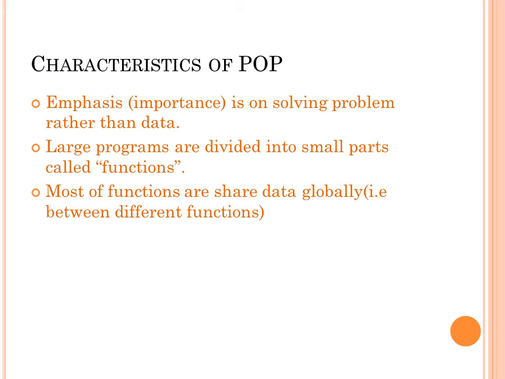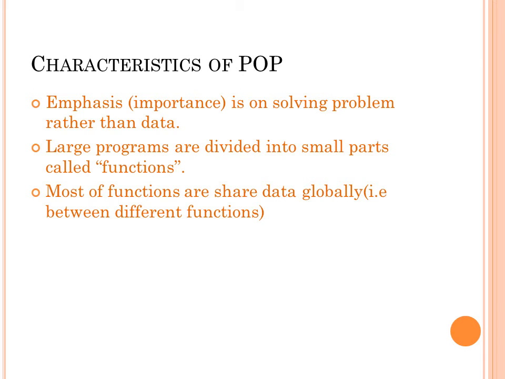Third, most important, the data is shared globally. That is, when we say procedure oriented programming, it consists of one or more functions, and the data here will be floating freely across each of these functions. There are no restrictions on the floating of data, and it is easily accessible by multiple functions.